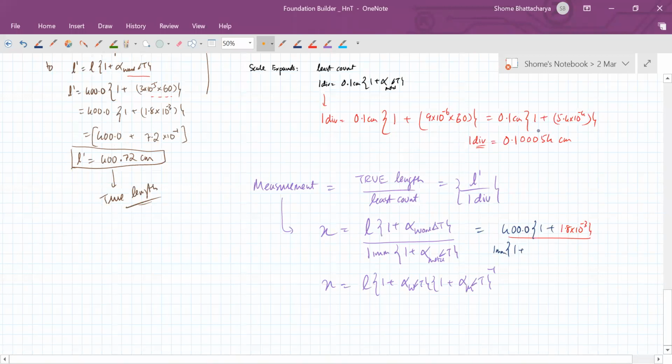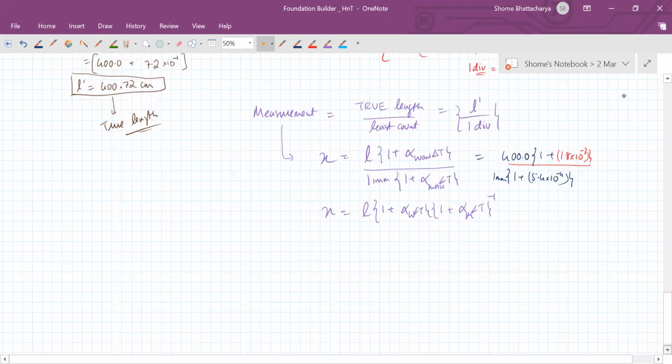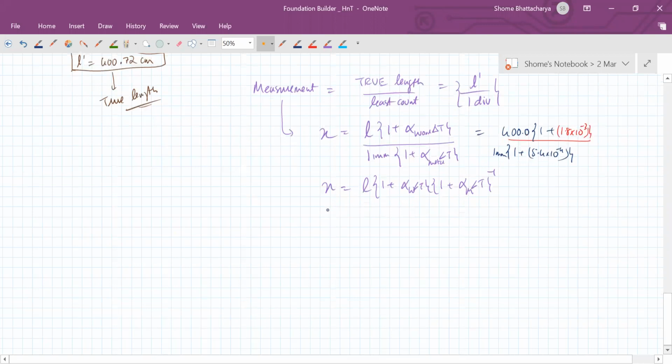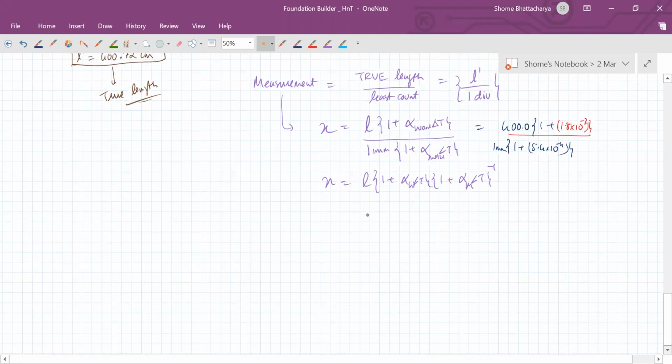Now this term is over here, this one, 5.4 into 10 raised power minus 4. So x becomes like this over here.